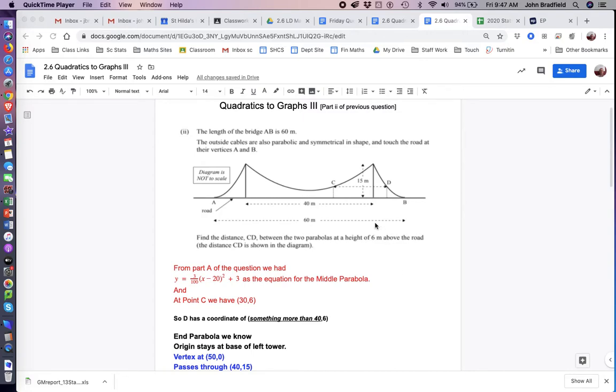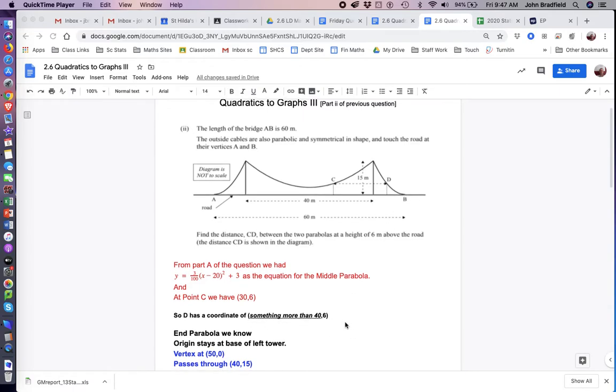So we're asked to find the distance between the point C, and we already have a coordinate for it, and the point D. We know that the point D will have a y coordinate of 6 because it's at the same height, and we know it'll be more than 40 and less than 50, arguably.